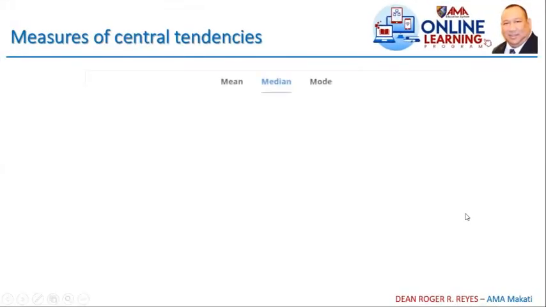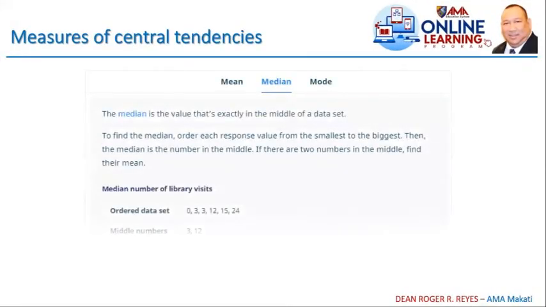What about the median? The median is the value that is exactly in the middle of a data set. Kung ano yung nasa gitna. To find the median, order each response value from the smallest to the biggest. Then the median is the number in the middle. If there are 2 numbers in the middle, find their mean.